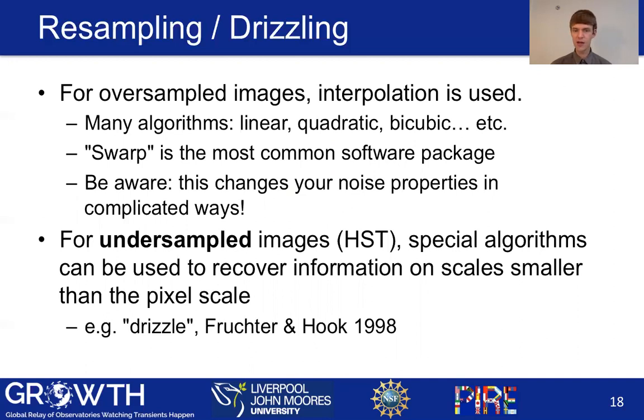The most common and longest used algorithm for this is called Drizzle, and you can look at this paper here for the details on how it works. The advantage of methods like this is that you can actually recover information that is smaller than the scale of individual pixels by using multiple observations together to infer subpixel structure.